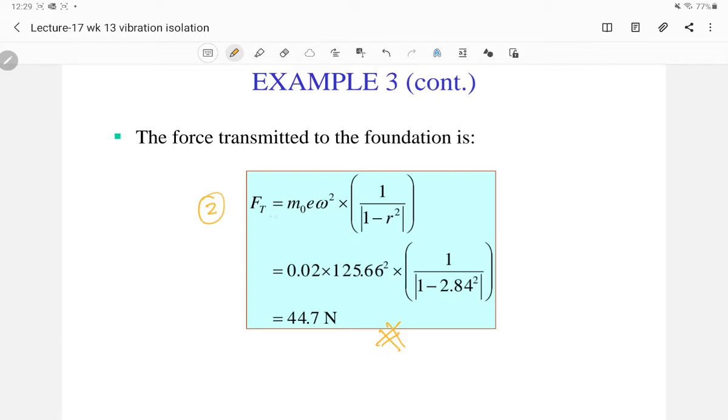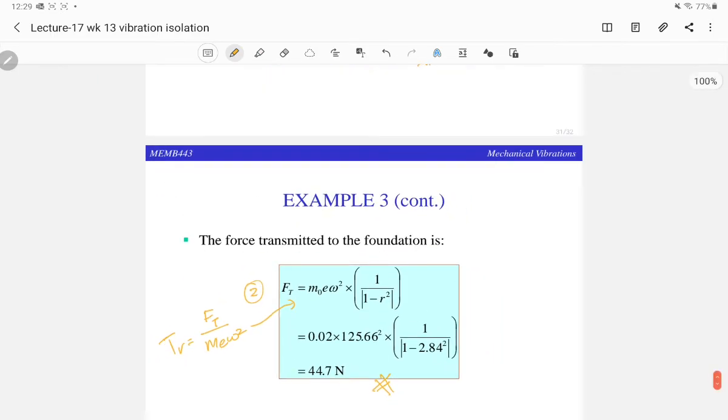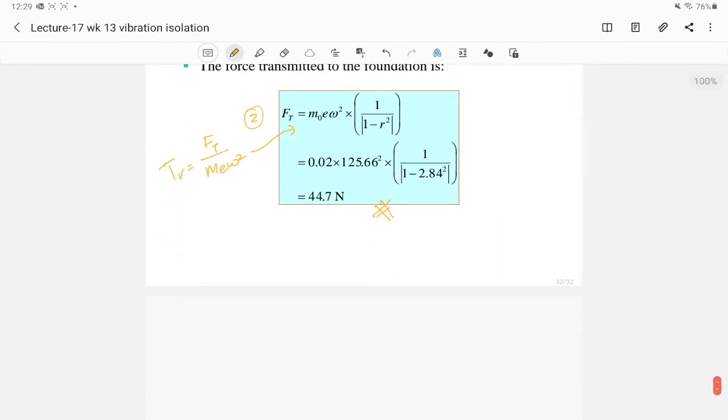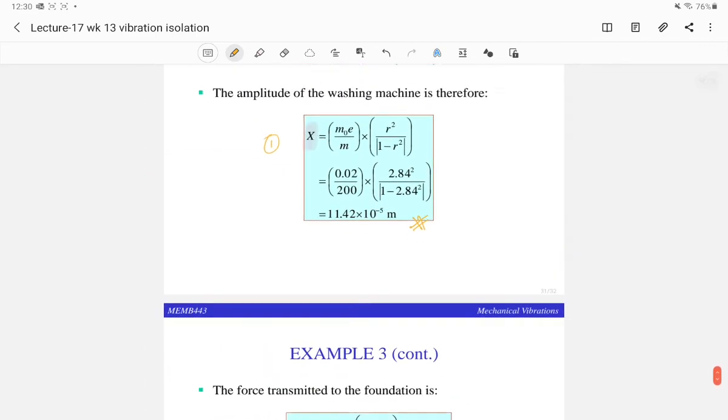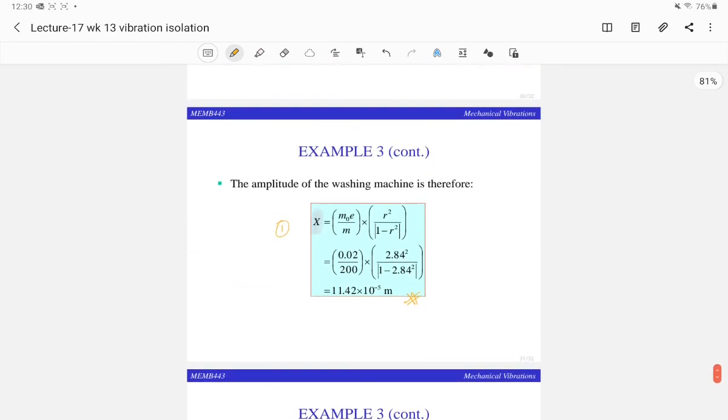If you remember your transmission ratio, it is actually Ft divided by me omega square. So you just bring me omega square to the other side of the equation. Okay. So easy peasy. So that's all for this problem. Only to calculate the capital X and also the Ft.